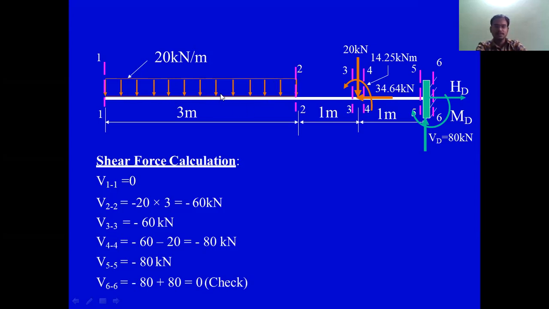Only one force in the downward direction, so it is minus. V33 is minus 60, as there is no load here. Section 44, minus 60 minus 20, so it is minus 80. Section 55, minus 80 only. But at section 66, minus 80 plus 80, so it is 0. That is the final check.